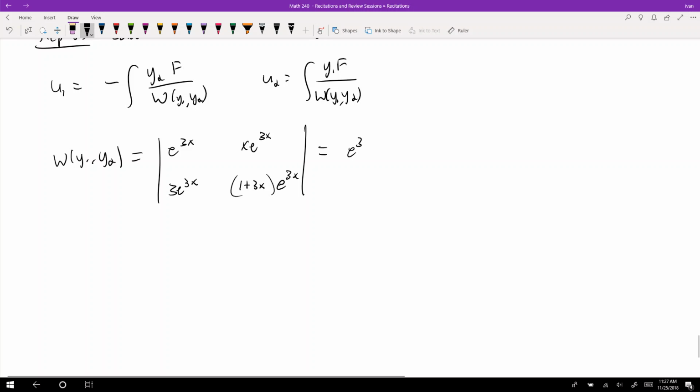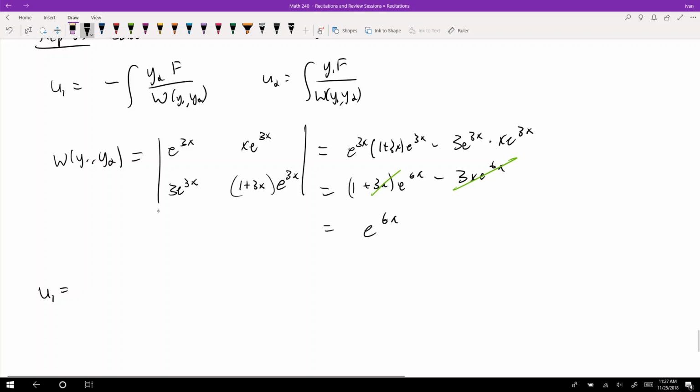You get e to the 3x times 1 plus 3x e to the 3x minus 3e to the 3x times x e to the 3x. So this becomes 1 plus 3x times e to the 6x minus 3x e to the 6x. So this term and this guy kill each other, and then you get e to the 6x as your Wronskian.